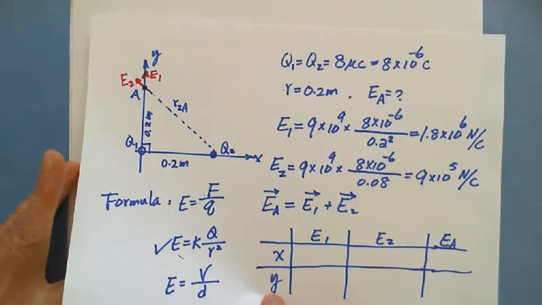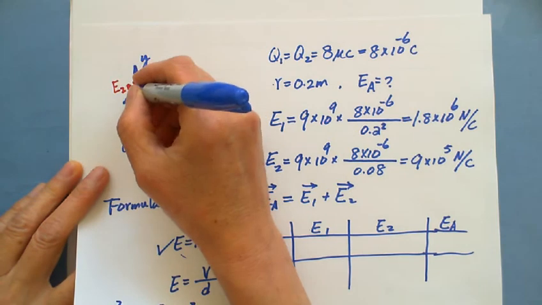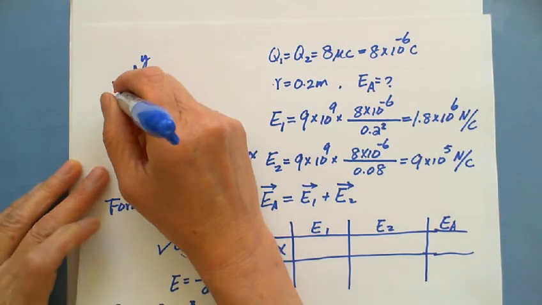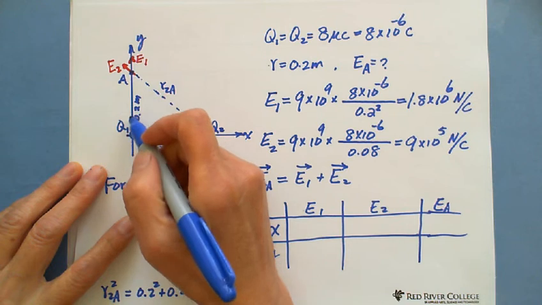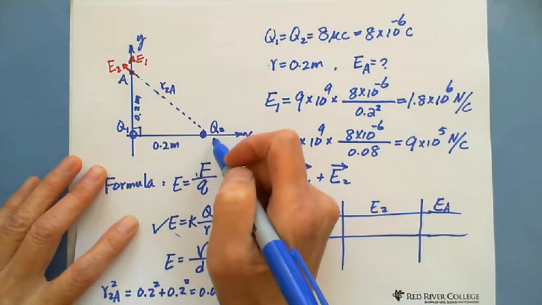And E2, because we know the direction, we need to find the angle, because this one is 0.2, 0.2.